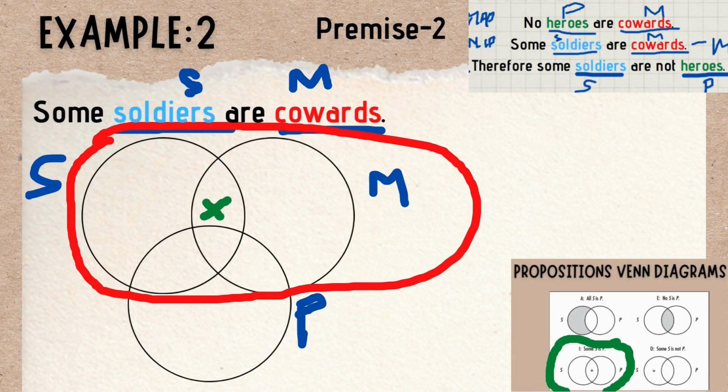Now let's take a look at the second premise. Some soldiers are cowards. So it belongs to the third type, which is I. If you see the Venn diagram, some soldiers are cowards shows some S is M. So we will be putting the cross in the middle one.